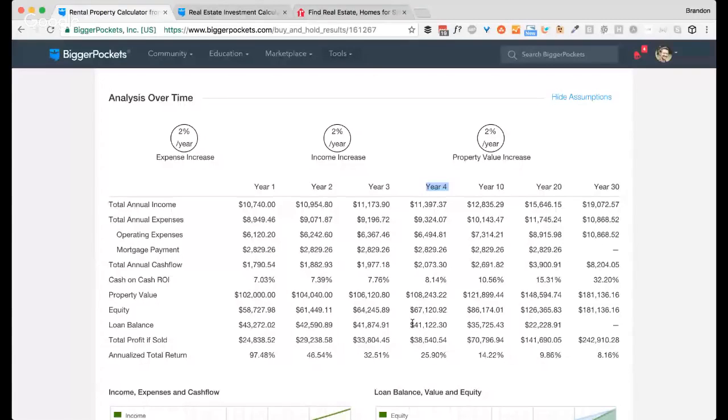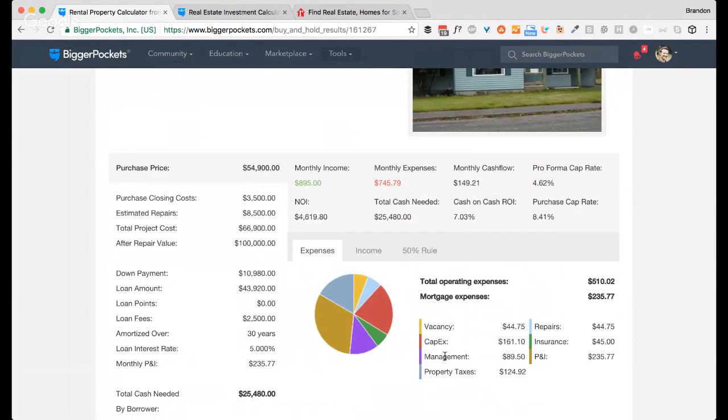So what if I bought this property at 54 and I was only getting a 7% return, but it's still worth $100,000, which means what if I bought it and then 4 years from now I sold it? What would I make? I could make $38,000 at that point. In other words, I would average a 25.9% return on investment. Well, 25.9% is pretty darn good in my book, right? So all of a sudden, this property seems a lot more interesting at this point.